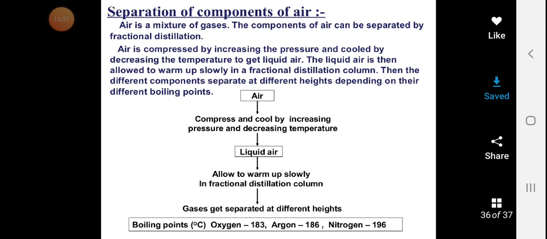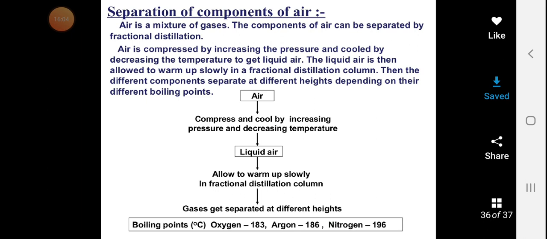First you increase the pressure, and at the same time you cool it by decreasing the temperature to convert that gaseous air into liquid air. This liquid air is then allowed to warm up slowly in the fractional distillation column, and then the different components are separated at different heights depending on their different boiling points.